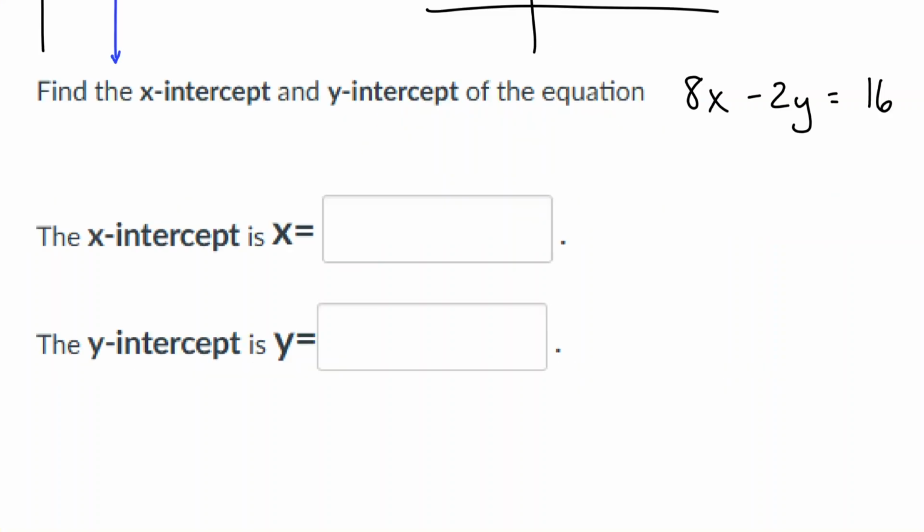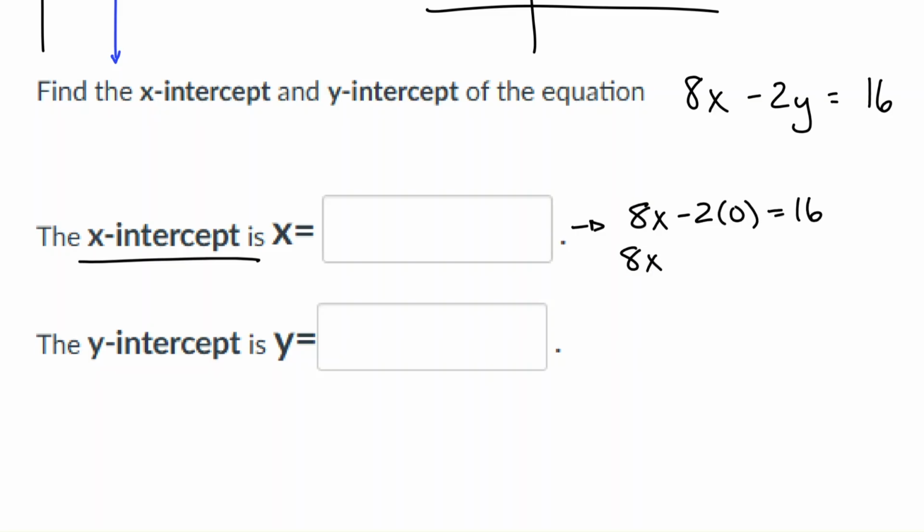So here we are asked to find the x and y intercept for this equation. And a helpful reminder when you're finding the x or y intercept is you let the other variable be 0. So if we're going to find the x-intercept first, then I let y be equal to 0. So for the x-intercept in the equation, I replace y with a 0 and solve.